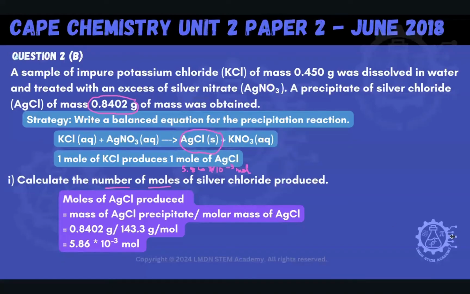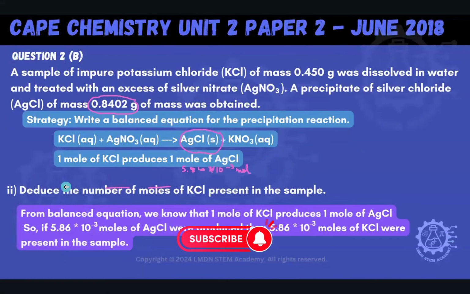So now we're being asked to find the number of moles of KCl present in the sample. From the balanced equation up here, we knew that everything was a 1-to-1. KCl to AgCl was a 1-to-1 mole ratio.